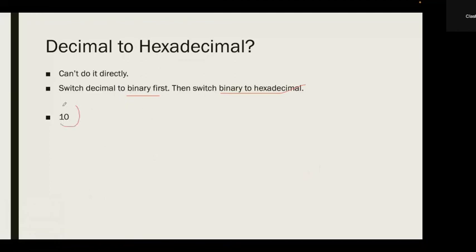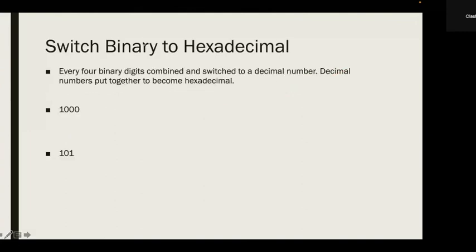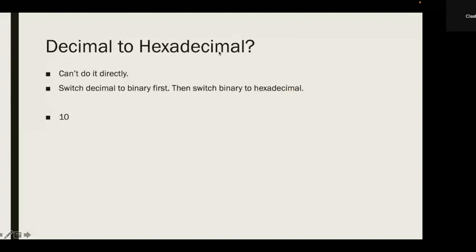Look at this example. If you want to switch the number 10 in decimal to a hexadecimal number, this is quite a simple demo. First you want to switch it to a binary number, because we know that binary numbers can be switched into hexadecimal numbers directly. We have learned it here, binary to hexadecimal.